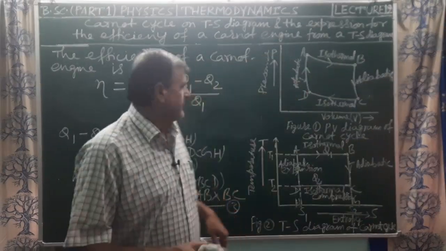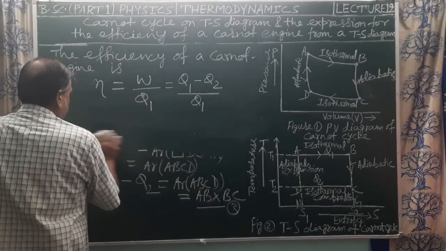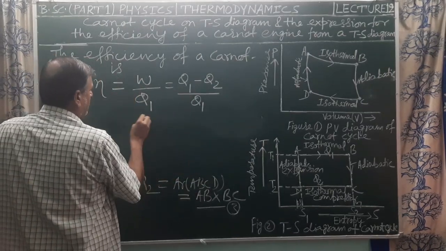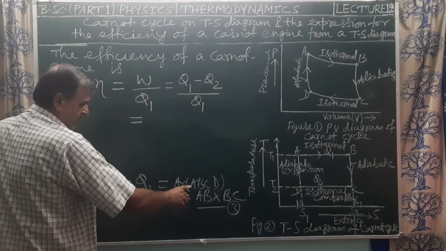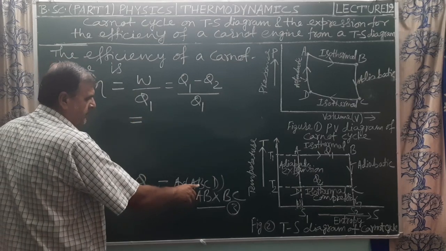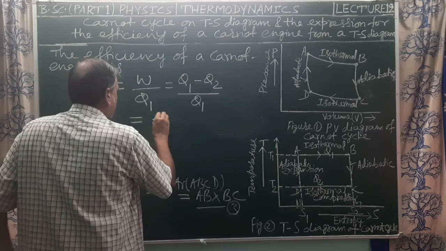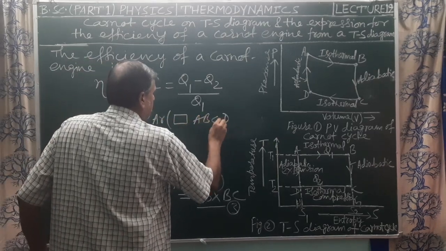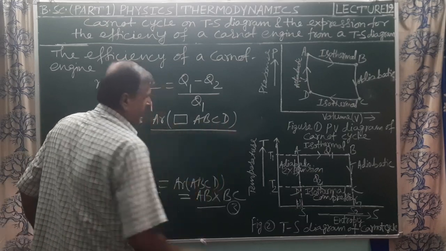So in place of Q1 minus Q2, we can write the area of rectangle ABCD, which we have already used, divided by Q1.